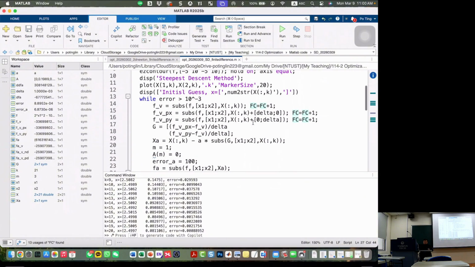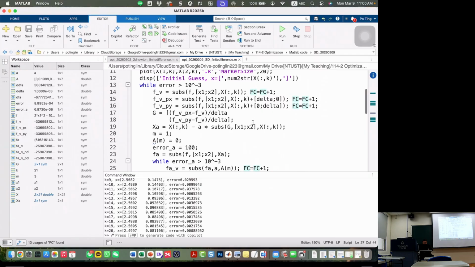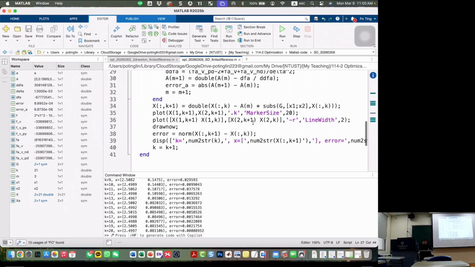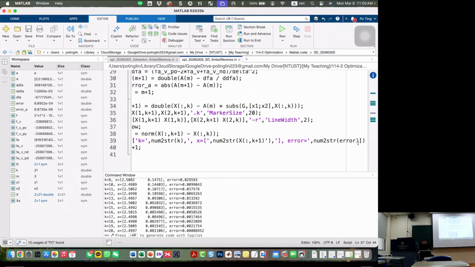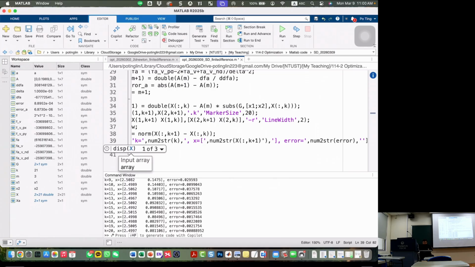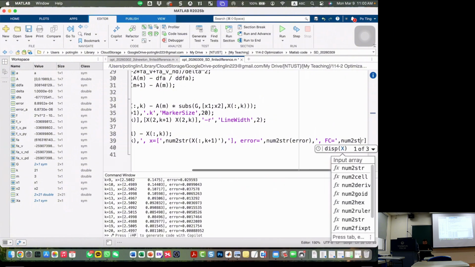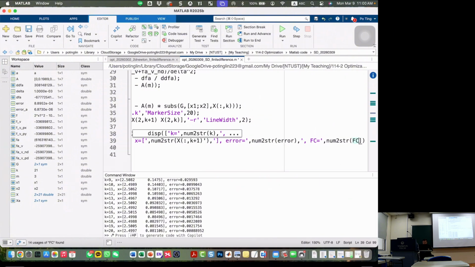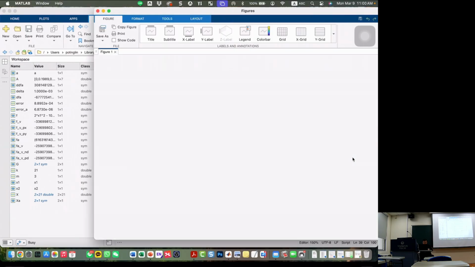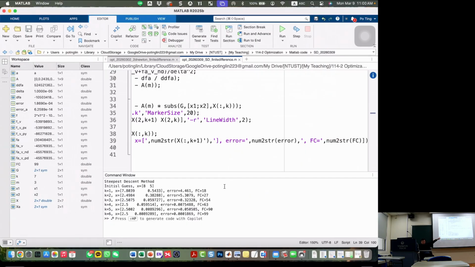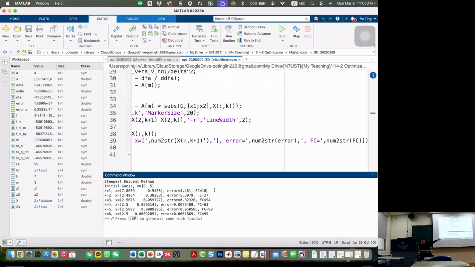Okay? So every iteration you can display how many function calls you made. Here, bracket function call equals number to string function call. Okay, display. You can see first iteration 18, 27, 54, 60, something, 99 function calls.